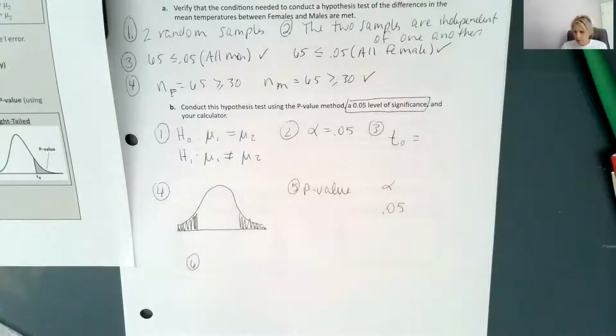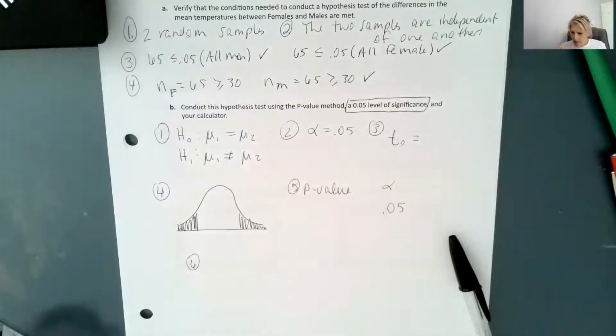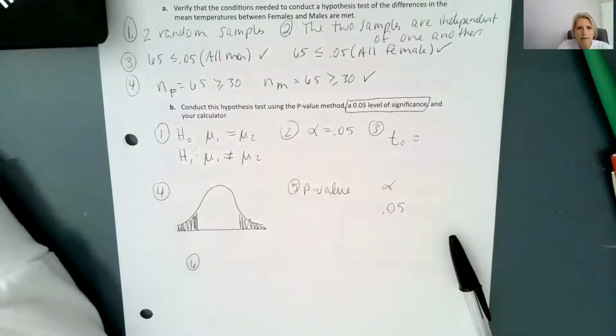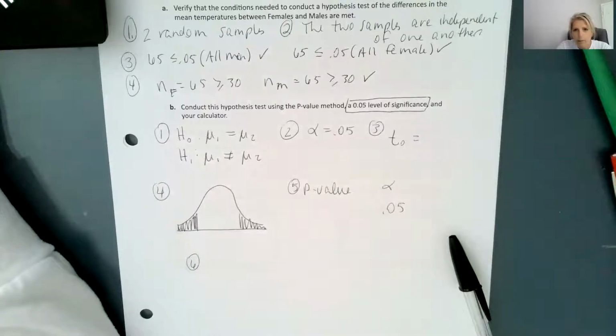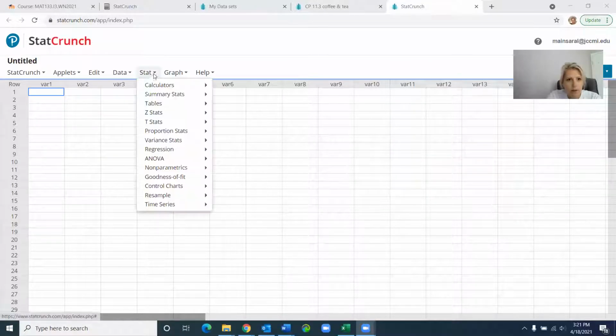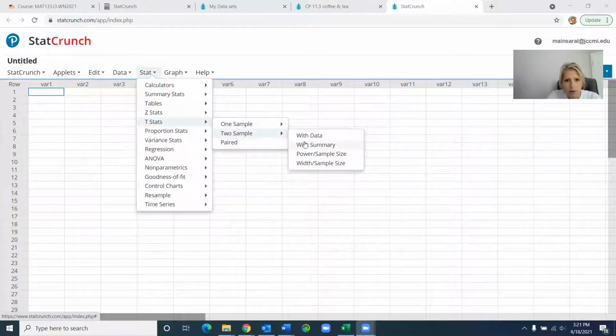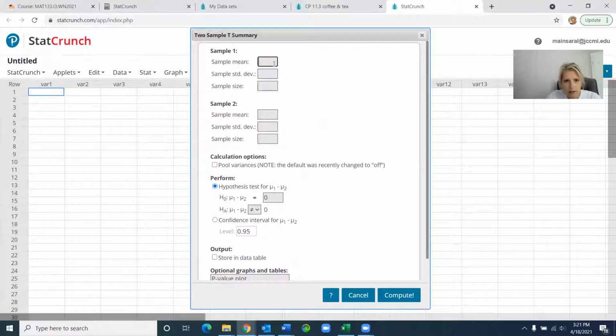So let's go ahead and go to StatCrunch and enter in our summary statistics. In StatCrunch, we're going to go to Stat, T-stats, two sample with summary, and we're going to enter in the mean and standard deviation and sample size of each.